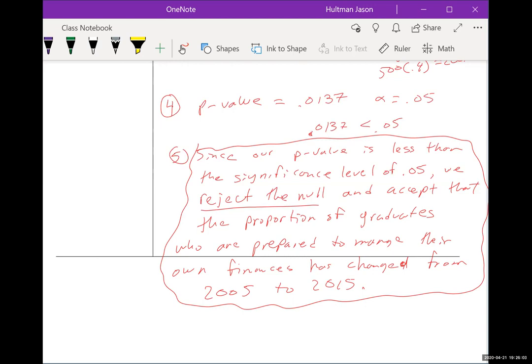It means that the original claim here was bogus. And we say, no, we are 95% certain that you're wrong, that it is not equal to 60%. It has changed.